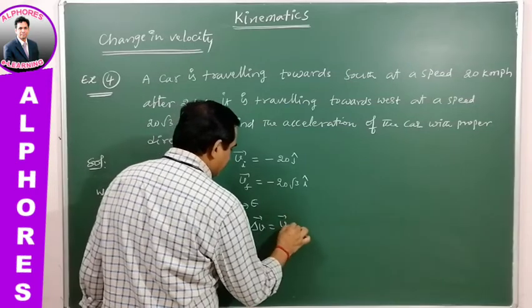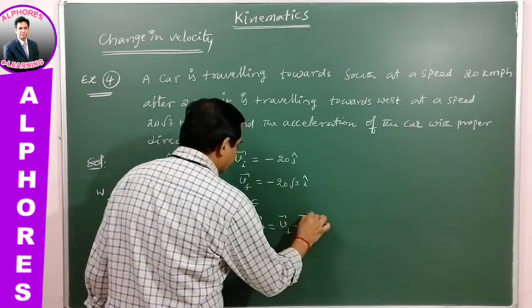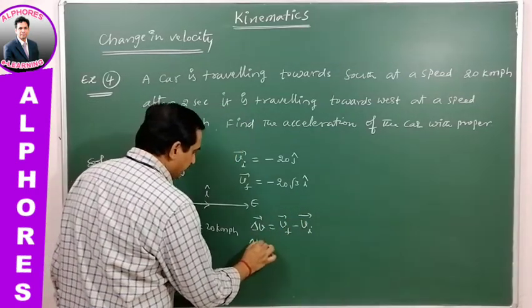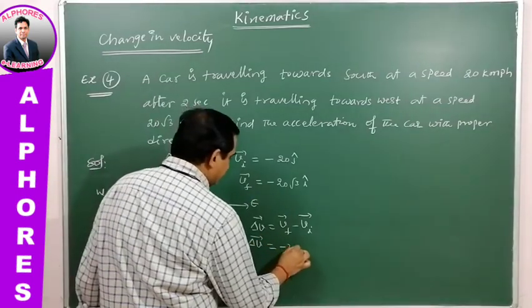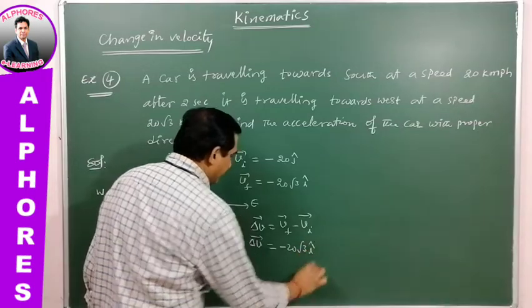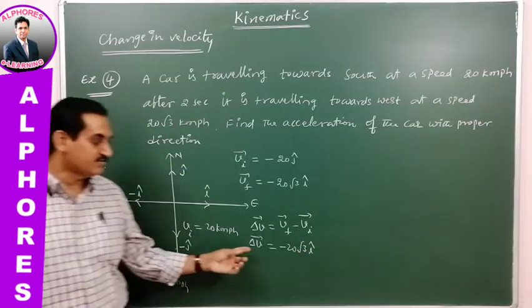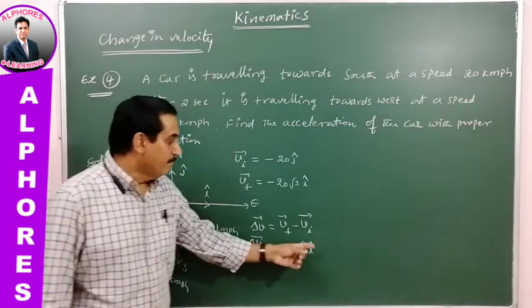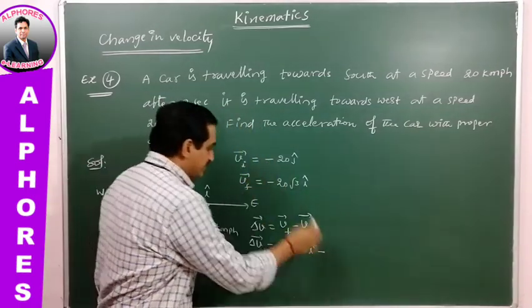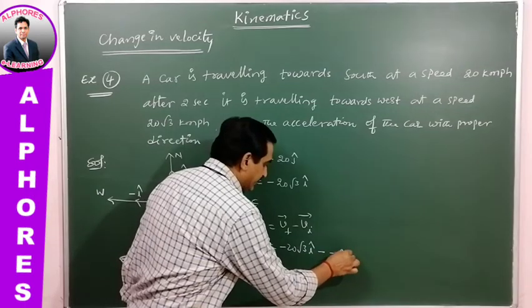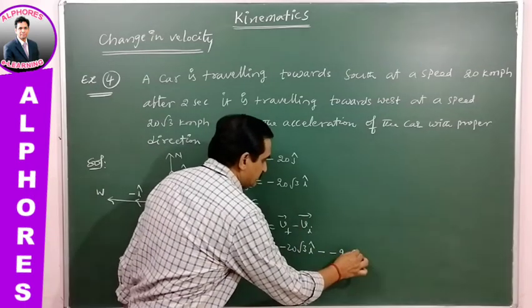The fundamental formula for change in velocity: delta V is equal to V final minus V initial. Delta V is equal to minus 20√3 i cap minus of minus 20 j cap.